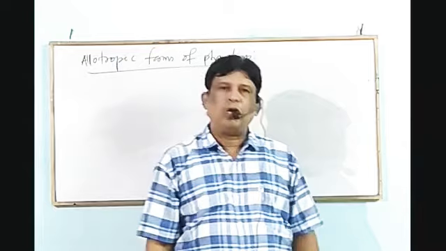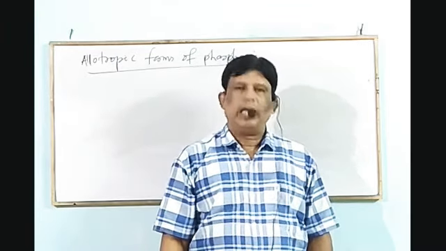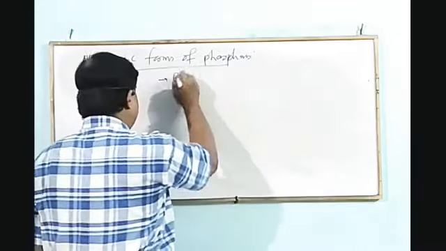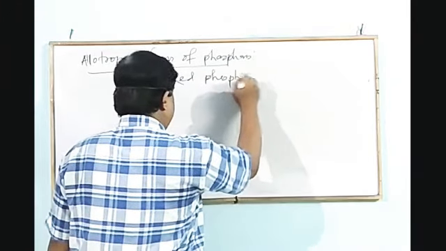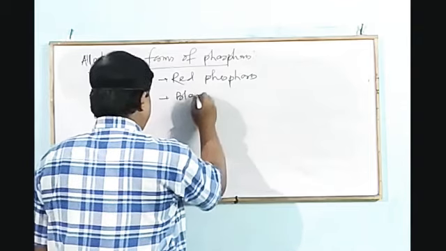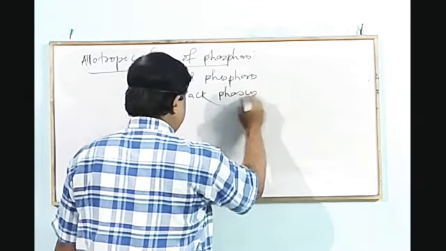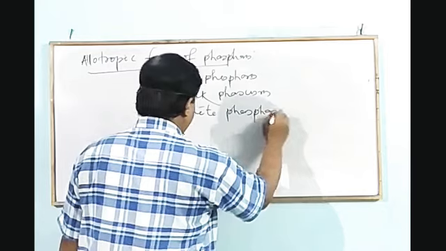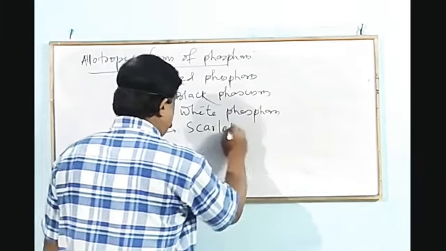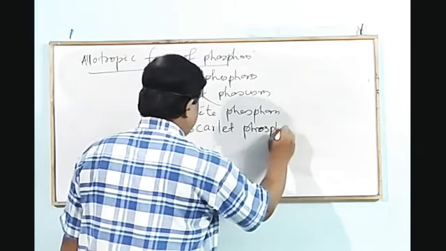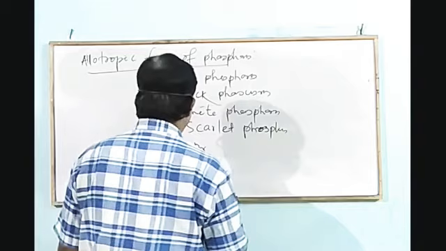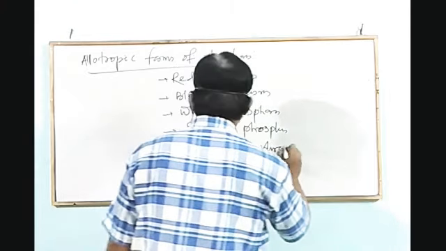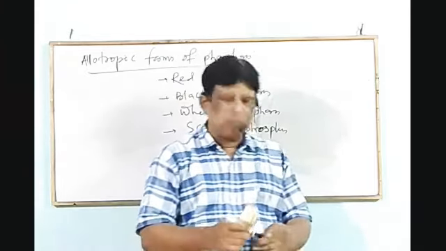Generally, there are 5 allotropic forms of phosphorus: red phosphorus, black phosphorus, white phosphorus, scarlet phosphorus, and brown phosphorus. These are some allotropic forms of phosphorus.